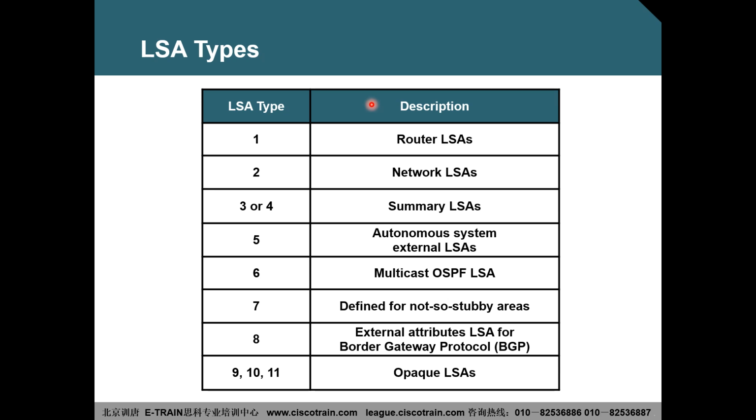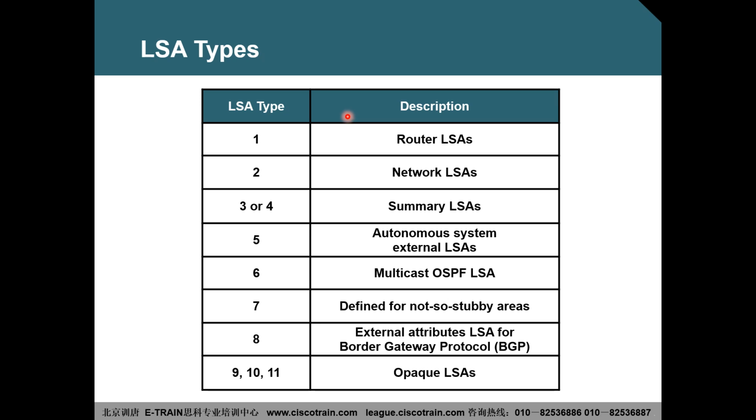Type 3 LSA is the one which brings other area routes into this area and this area's routes to other areas, and this originates from the ABR. Because both type 3 and type 4 originate from the ABR, the name is the same, summary LSA.